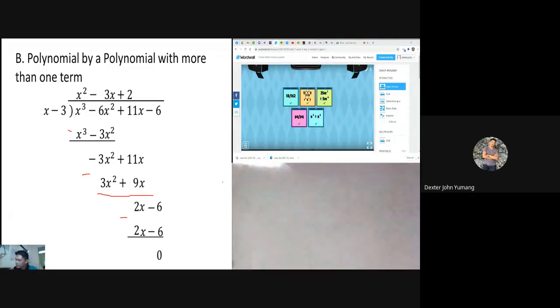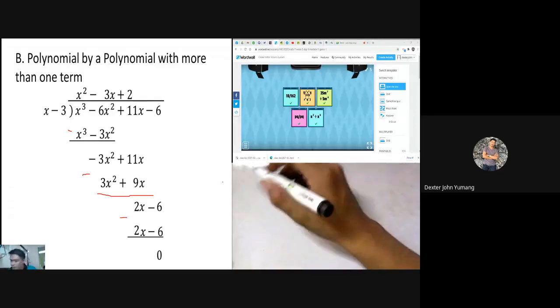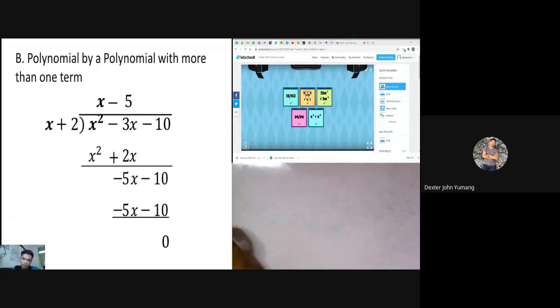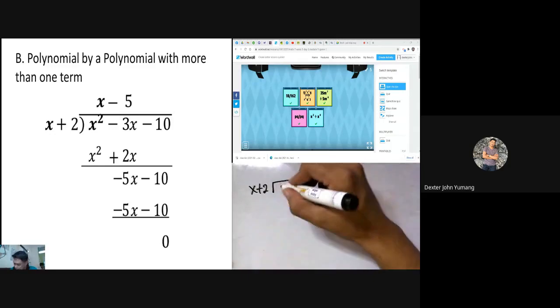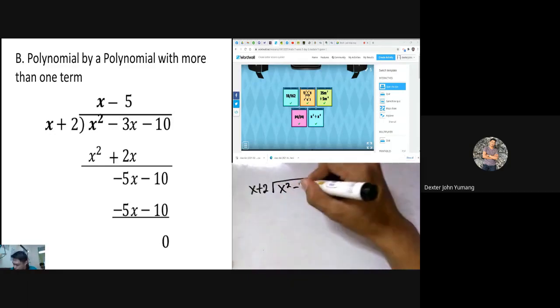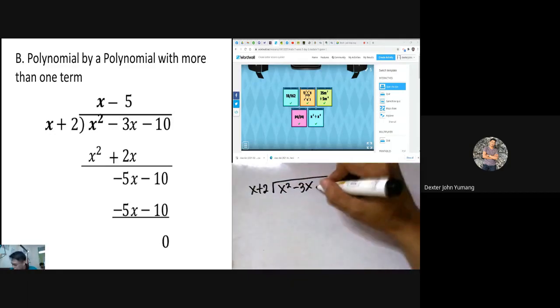Okay, our next example is this. So ito po, i-divide natin si x plus 2 divided by x squared minus 3x minus 10.